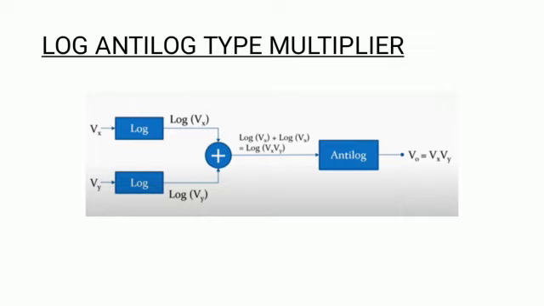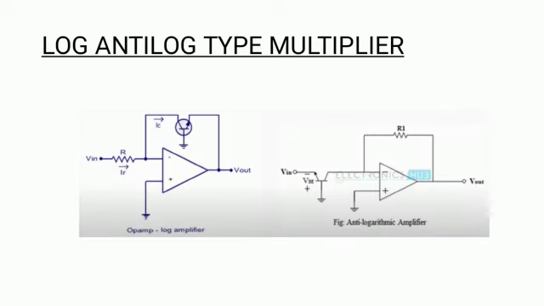Hence, we get log of Vx into Vy. Taking the antilog of this, the output is equal to Vx into Vy. This is the implementation of the log-antilog multiplier using operational amplifiers. This method is limited to positive polarity signals, so it belongs to the single quadrant analog multipliers.